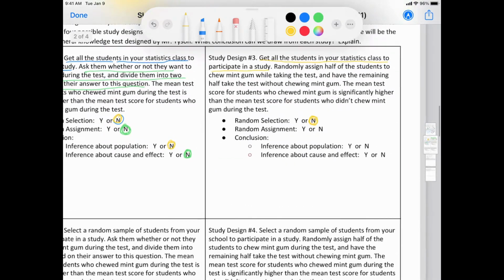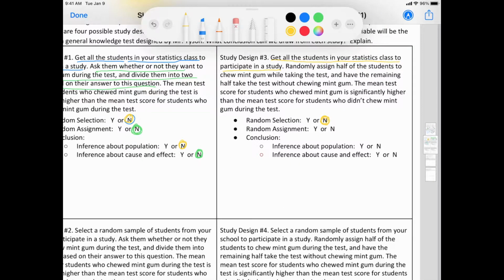So if I don't have random selection, then I can't get an inference or conclusion about the population. With no random selection, the results of the study should only be applied to the students in the study. Okay, so then here, let's read the second part. Randomly assign half the students to chew mint gum while taking the test, and have the remaining half take the test. So we did something, didn't we?